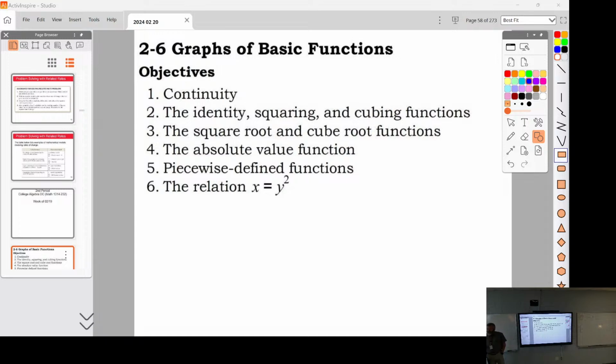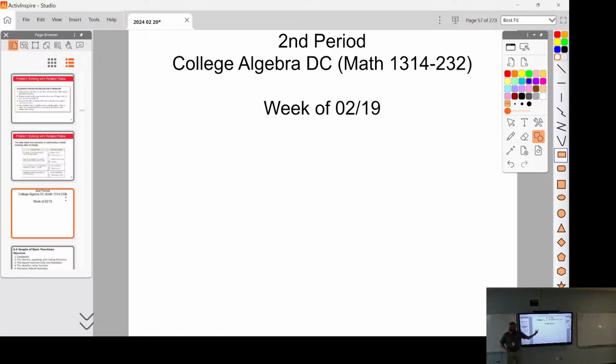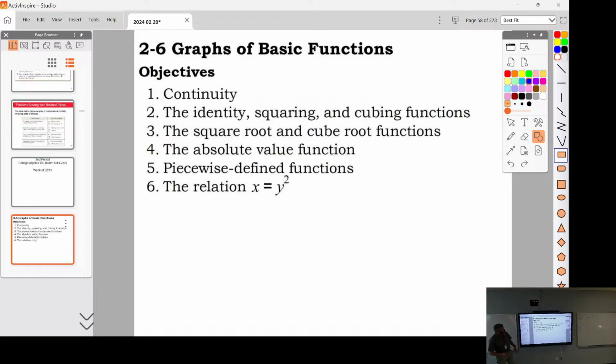Piecewise function, what were those? It's made up of pieces, right? And then we're going to talk about the relation x equals y squared. The relation x equals y squared is not a function, it's just a relation. We'll look at that.